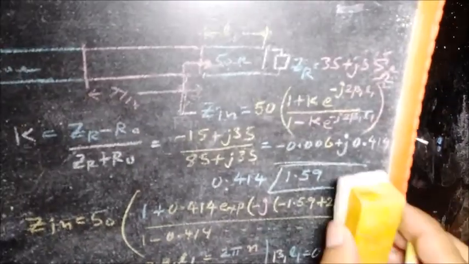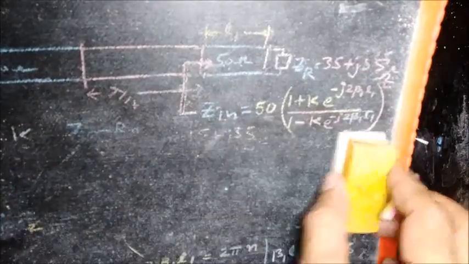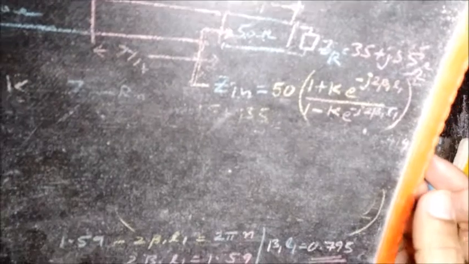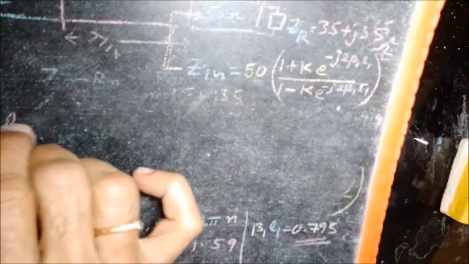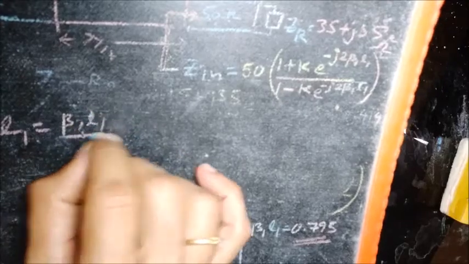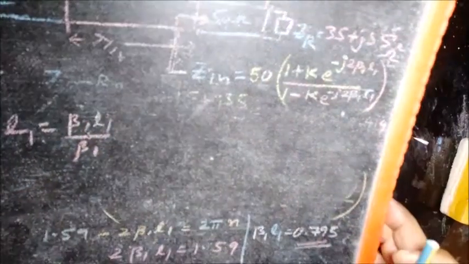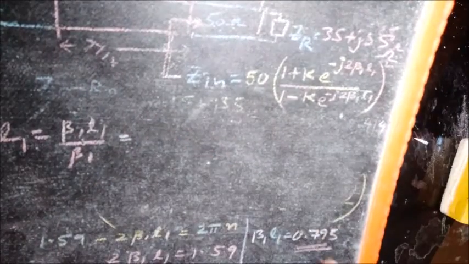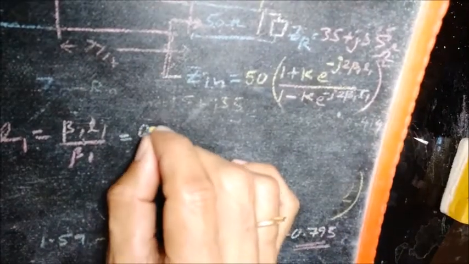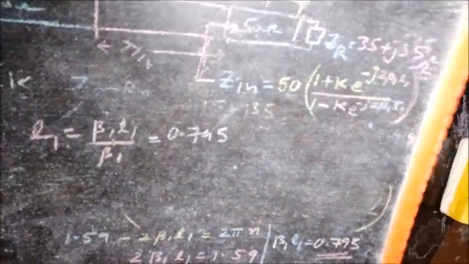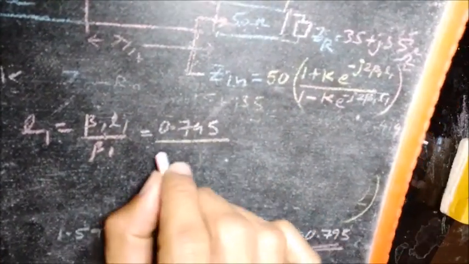So once we have beta 1 L1 as 0.795 radians, we can write L1 as equal to beta 1 L1 divided by beta 1, which is 0.795 divided by beta 1.